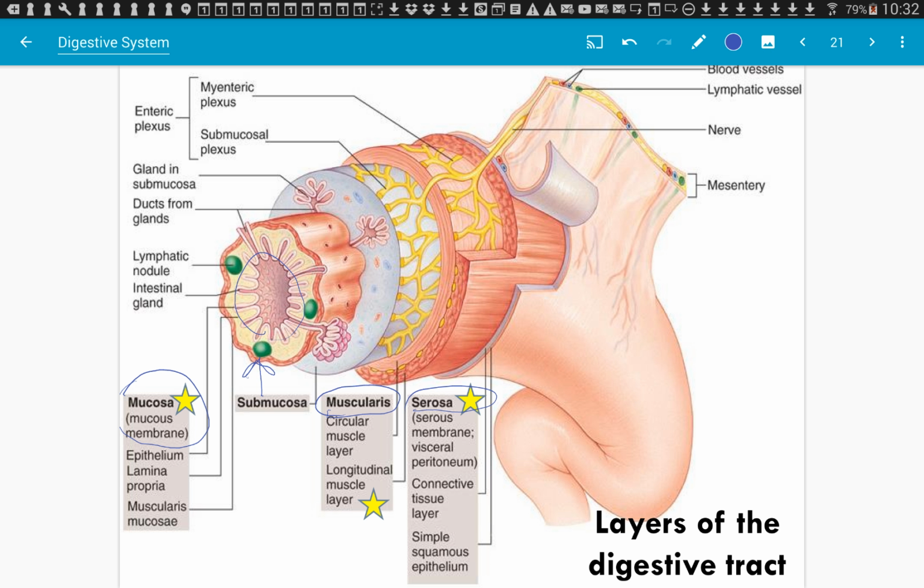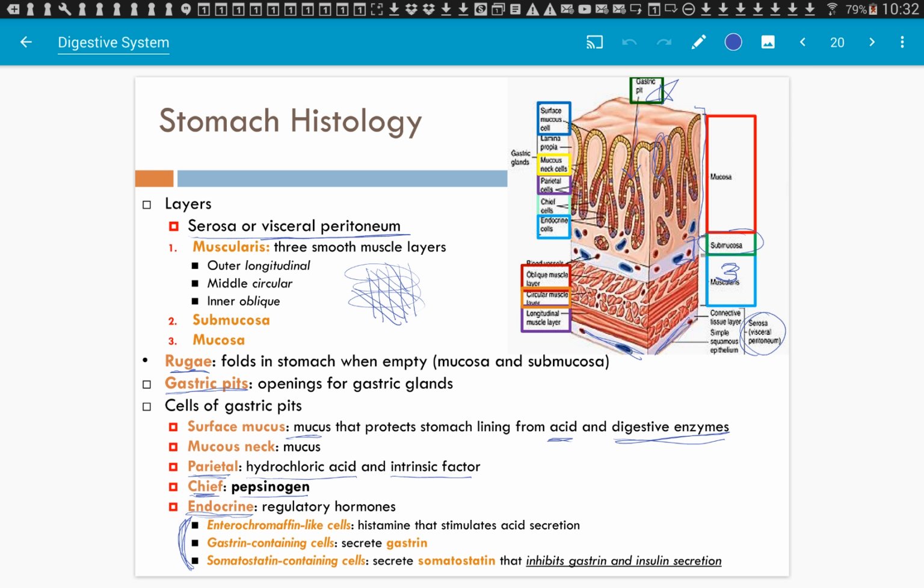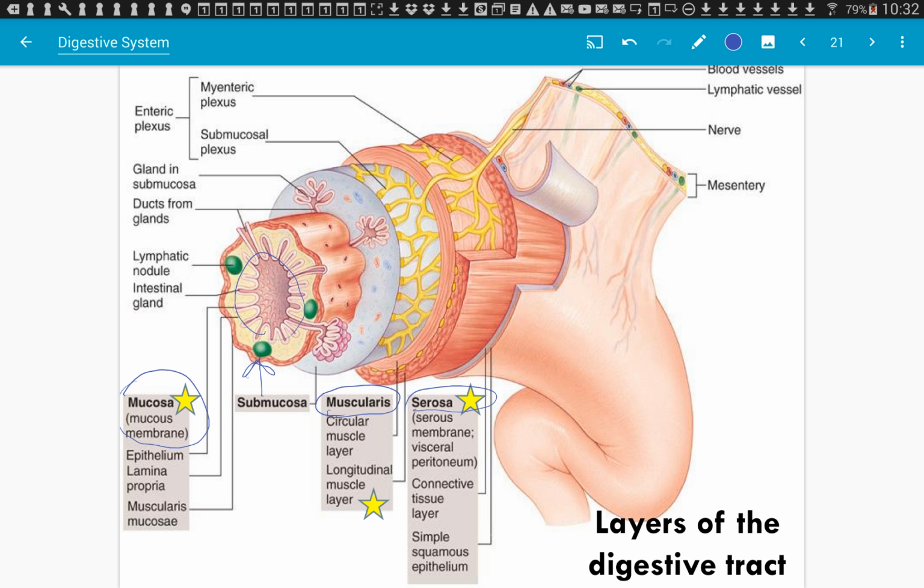Remember, the stomach had 3 distinct muscular layers. It's like longitudinal, circular, and oblique. Okay? When we're looking at the intestines, we have 2 muscular layers instead.